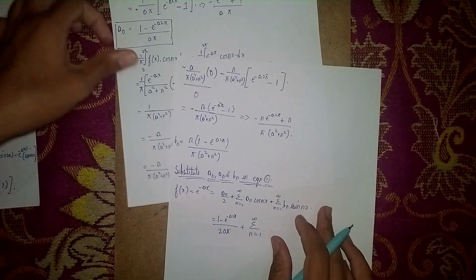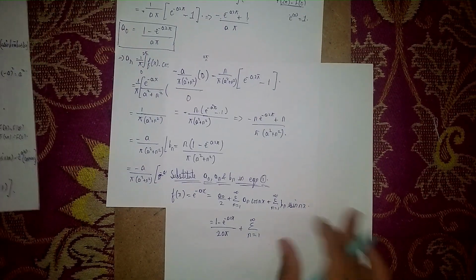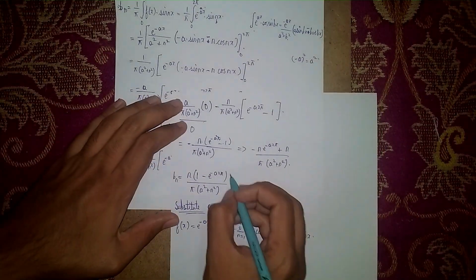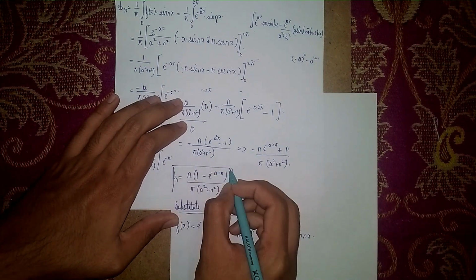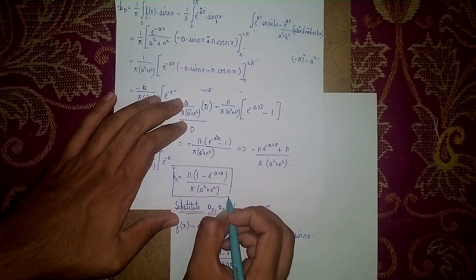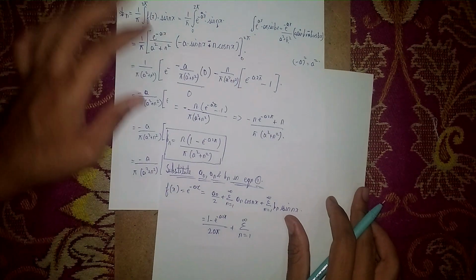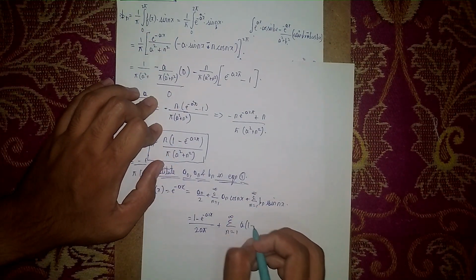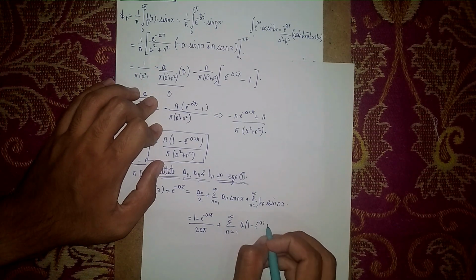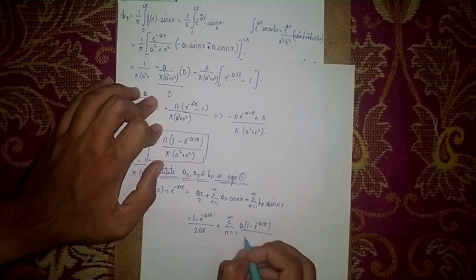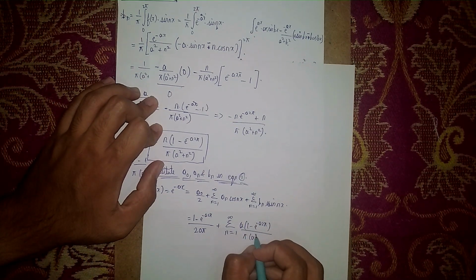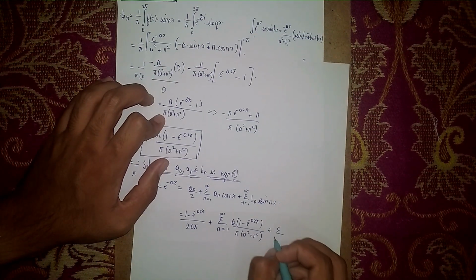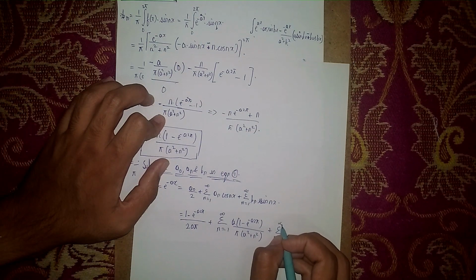What is an? We just found the an value here. What is our an value? I forgot to write it in the box. Always take these values in a box, highlight this. So what is an? An is a into 1 minus e power minus a 2 pi, by pi into a square plus n square, then plus summation n is equal to 1 to infinity.